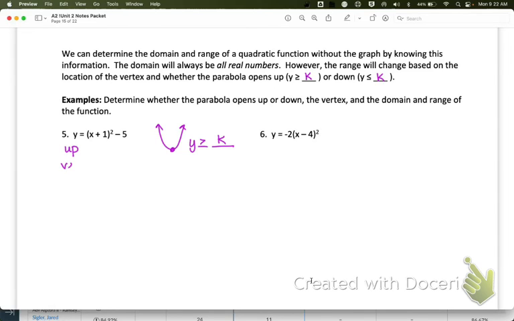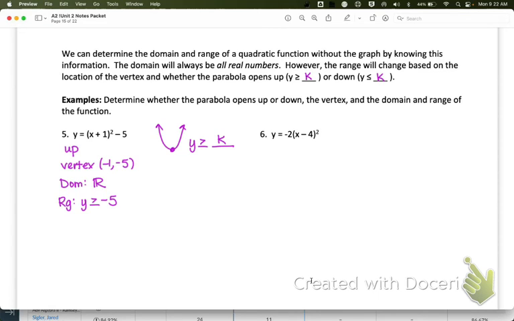Well, I know that my vertex for this graph is (-1, -5). I know that the domain is always going to be all real numbers. And so my range is y greater than or equal to -5, because that's the k value.